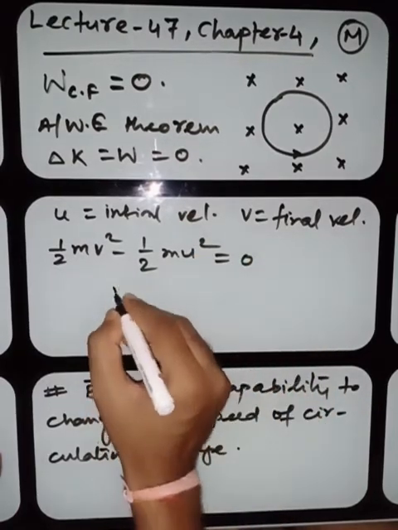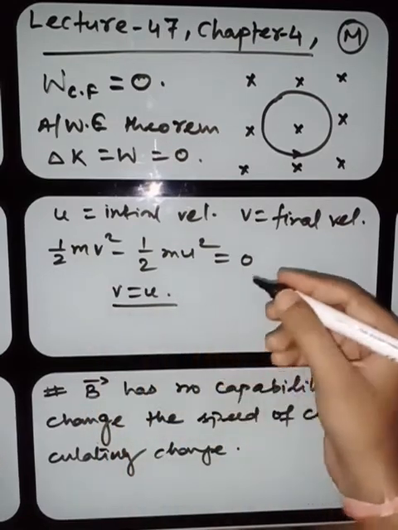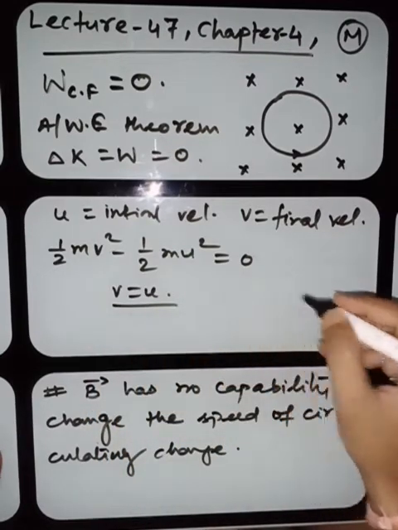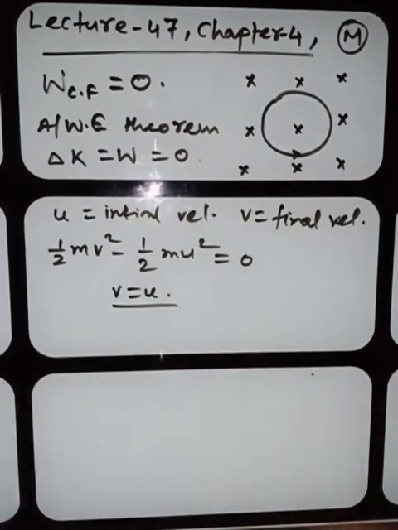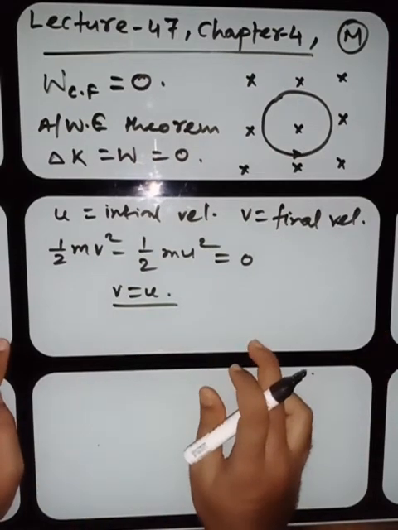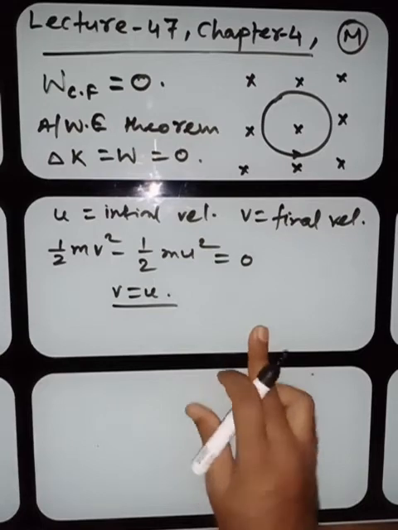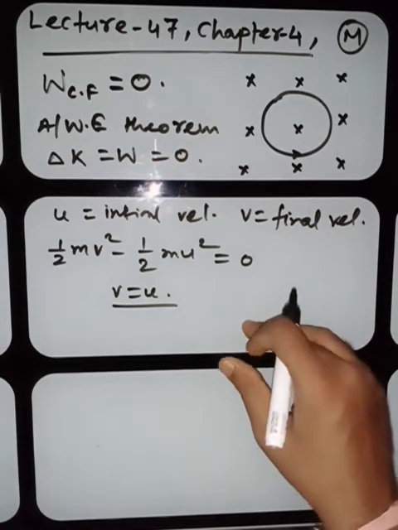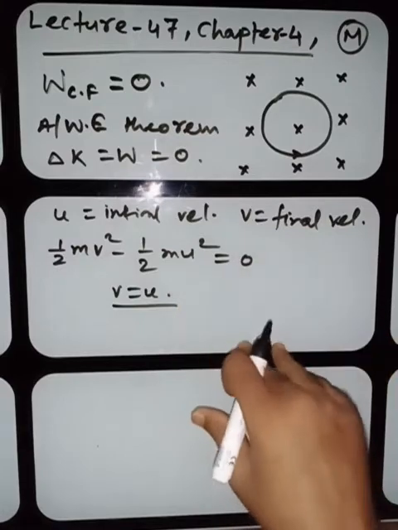Then you can see v equals u. My dear students, you can also use the converse. If a charged particle enters a magnetic field, the force makes an angle of 90 degrees and is perpendicular, so the work done will be 0. So you can also prove it using that concept, but this is the very simple thing.